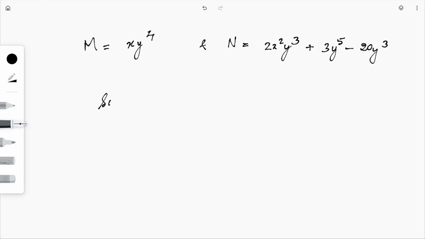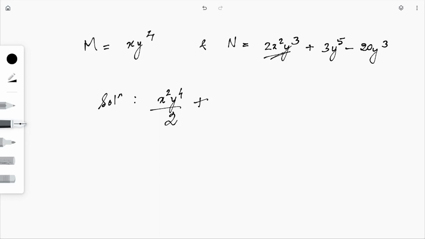So the solution is, integrate M with respect to x, keeping y as a constant, so that will be x² into y⁴ by 2, integration done, plus integrate N with respect to y, removing terms of x.